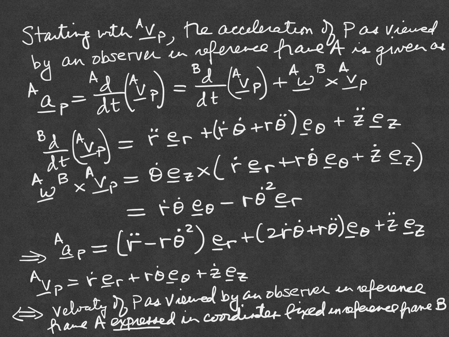It's expressed in coordinates fixed in reference frame B. So I'm still getting the same rate of change. So this actually, if I put this in parentheses, this is equal to x dot EX plus y dot EY plus z dot EZ. It's just that they're now expressed in two different bases, but it's the exact same vector in both cases.